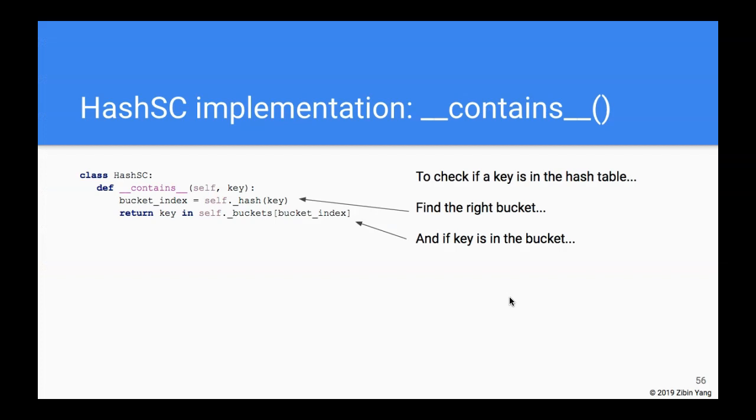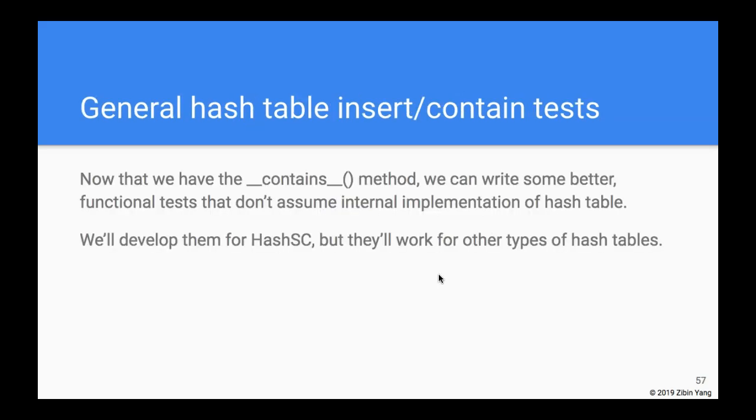The next function we want to implement is contains, so we can check if the key is in the hash table, and it's actually very simple. We find the bucket, and then we just check if the key that we're looking for is in the linked list that's in that bucket. So previously, without the contains method, it was really hard to look inside the hash table to see what's there.